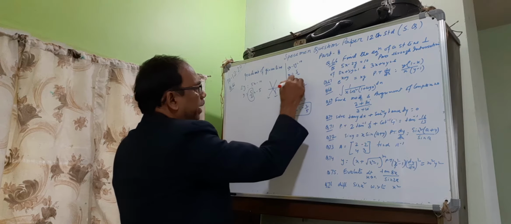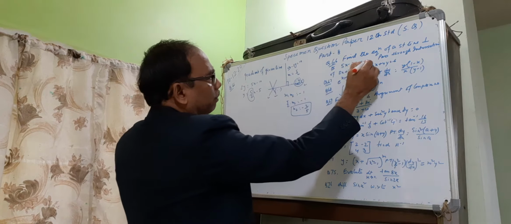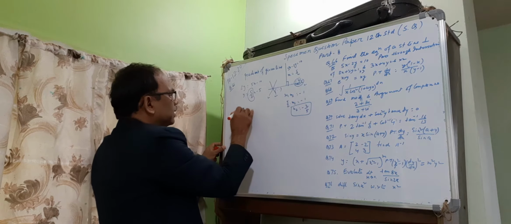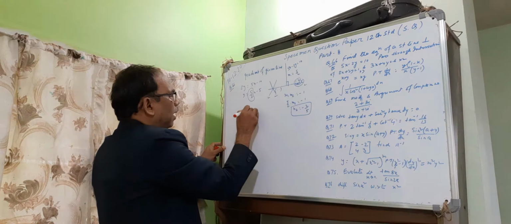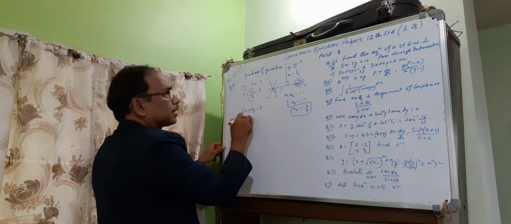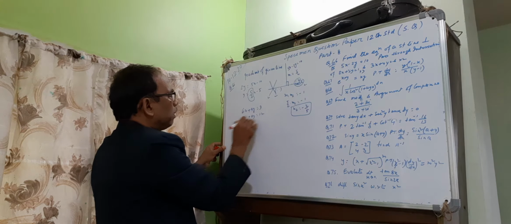So we got the gradient of the required line as minus 2 by 5, and now solving these two equations 1 and 2, multiply this by 3, this by 2, that is 6x plus 9y equals 3, 6x plus 8y equals 12.